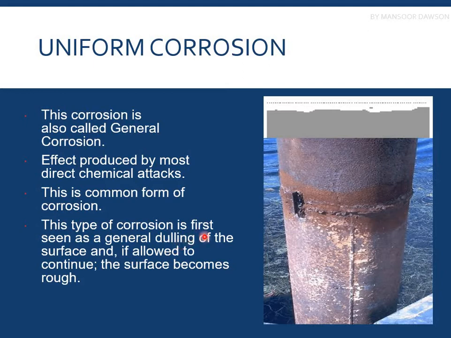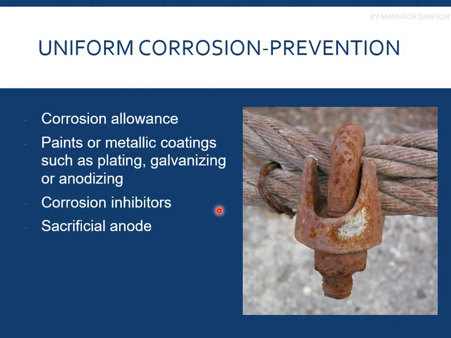So if you have a mild steel pipe used in seawater, what we will be seeing is that the shine of that mild steel would start to dull, and eventually the part would be corroded throughout. So the prevention for this is that you should add some corrosion allowance.